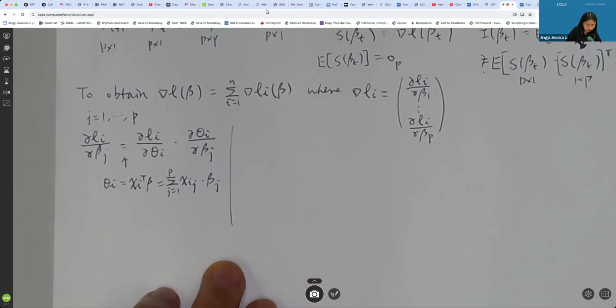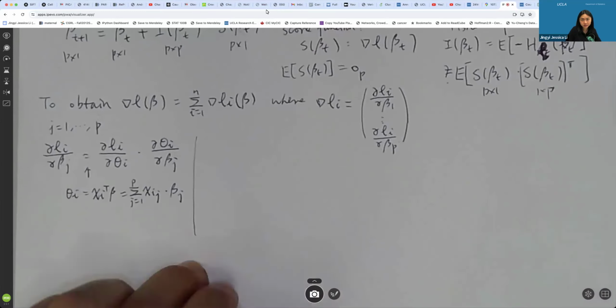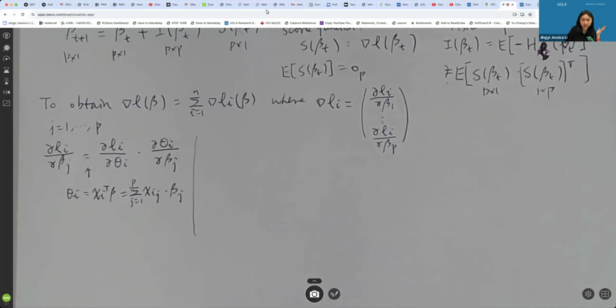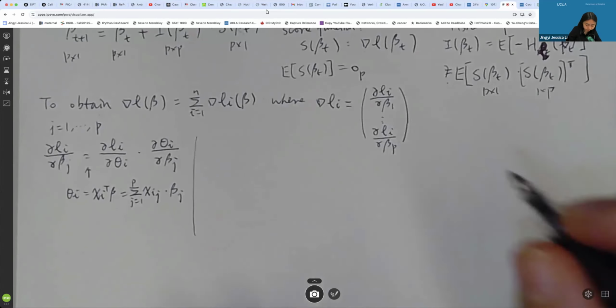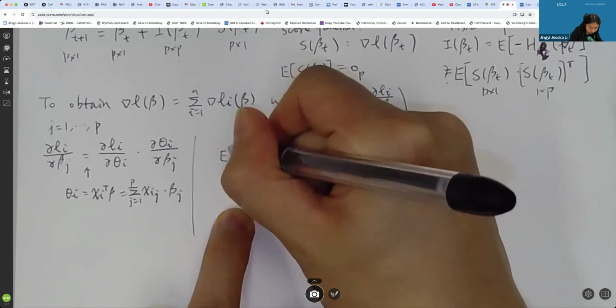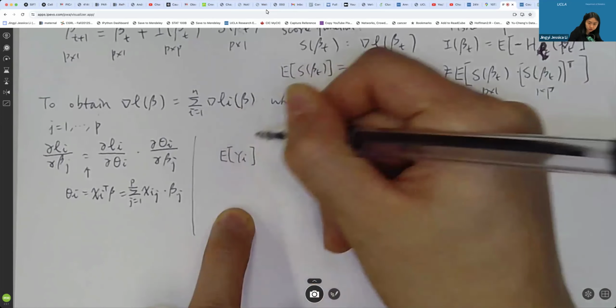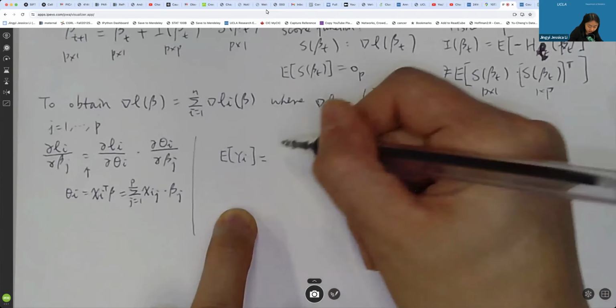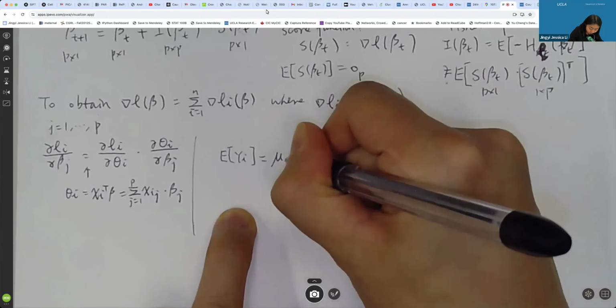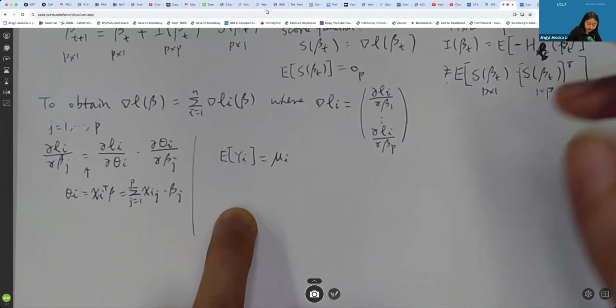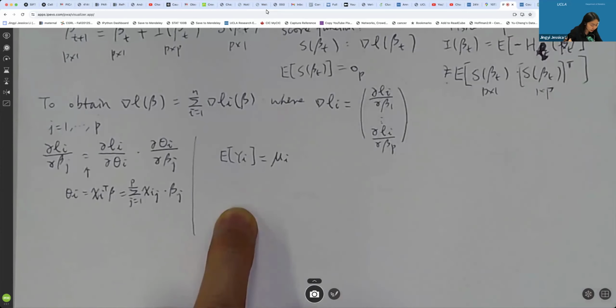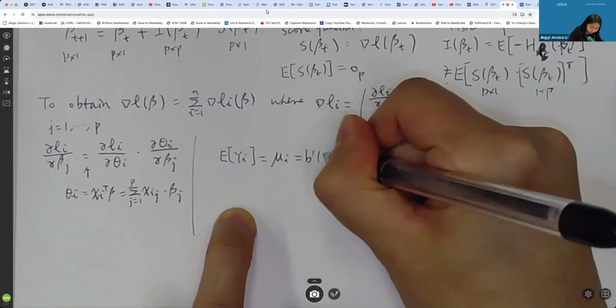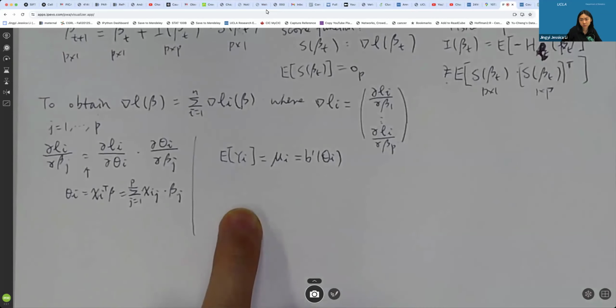But what I want to say here is that if we don't think about the canonical link function, in the most general form, what happens is this. The expectation of yi, let me just give you this review, is defined as mu I. And from the exponential family property, we know that mu I is b prime theta I. This is what we gave you before.